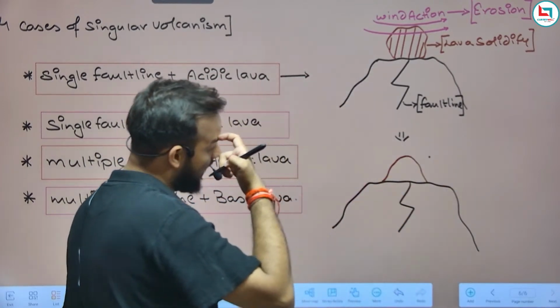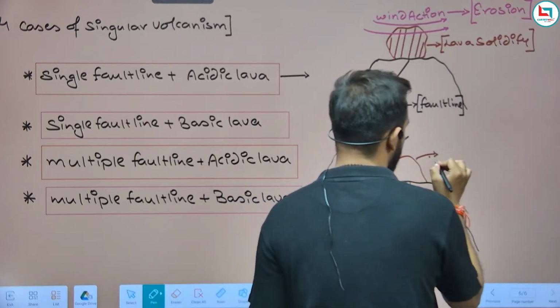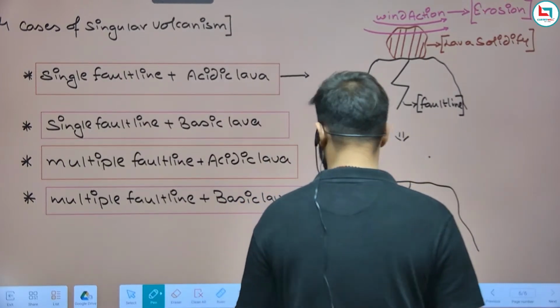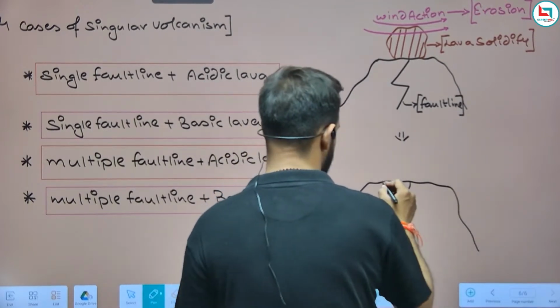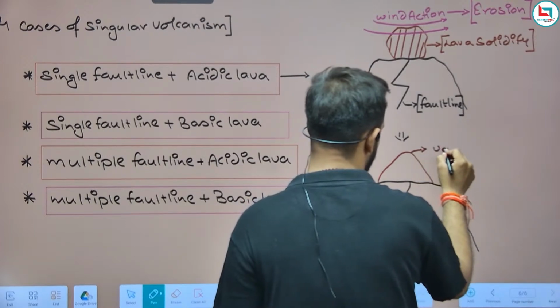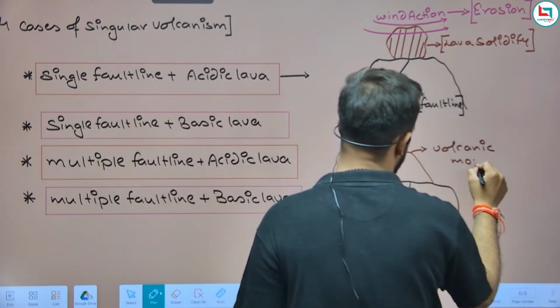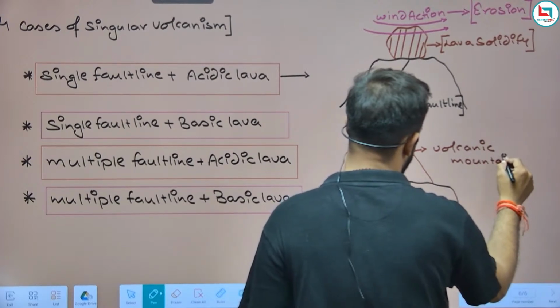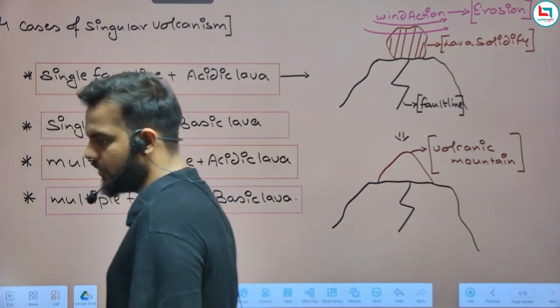So here we have the formation of what? Of volcanic mountains. Dome-like structure. Volcanic mountain. Okay. So are we good about these things?